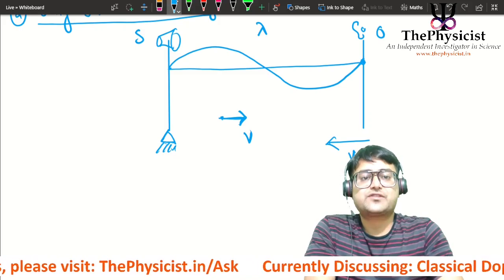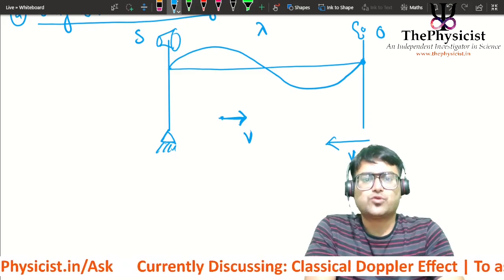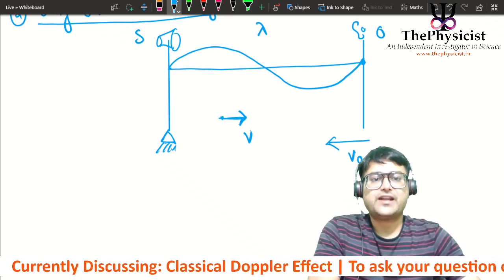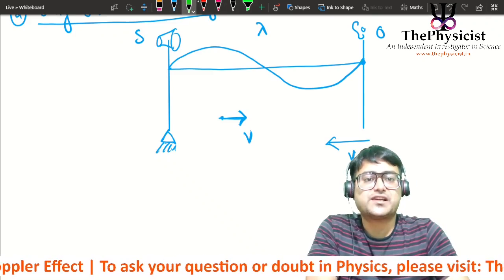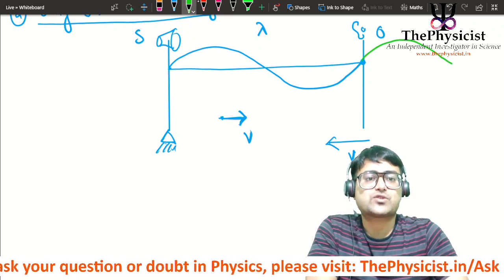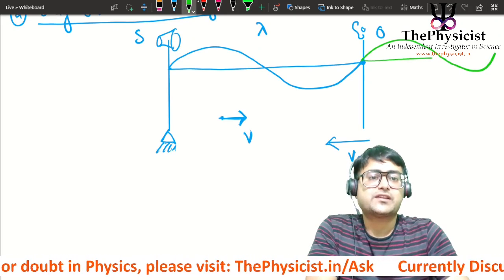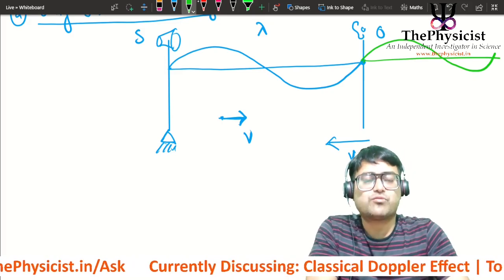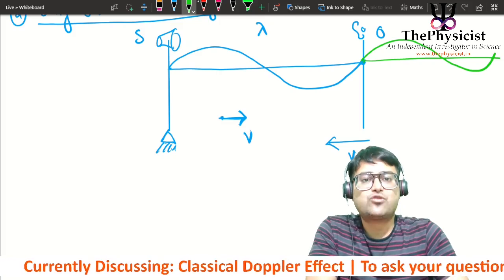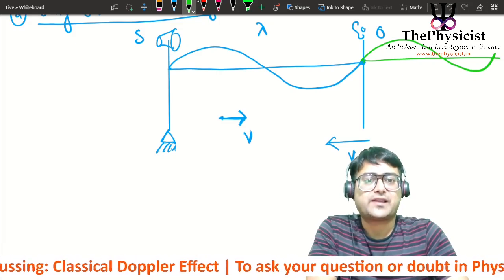Now imagine if, for a second, the observer does not move, then for the entire wave to pass through his ear, to be consumed by the observer at rest, how much time will it take? T seconds.